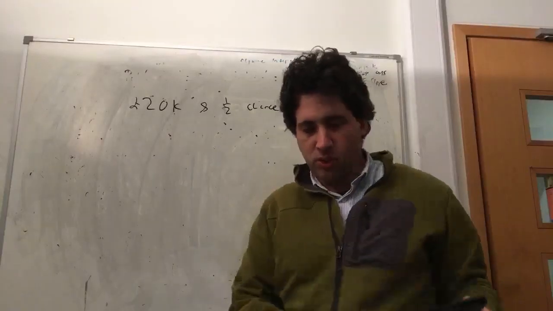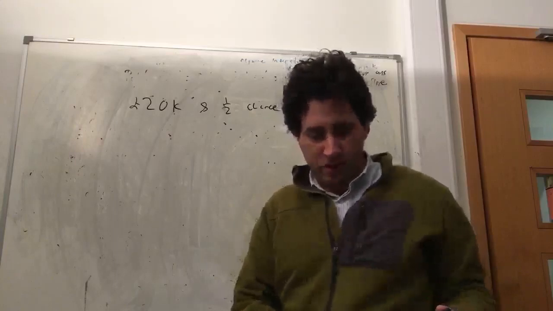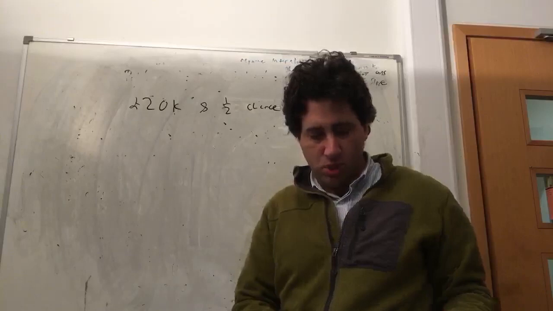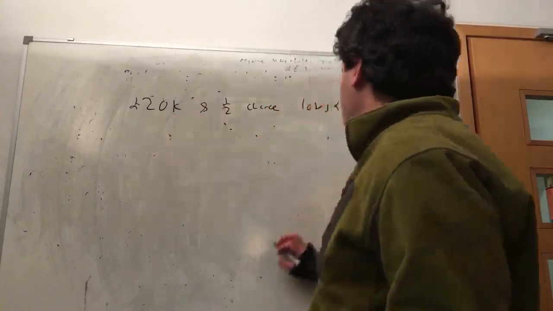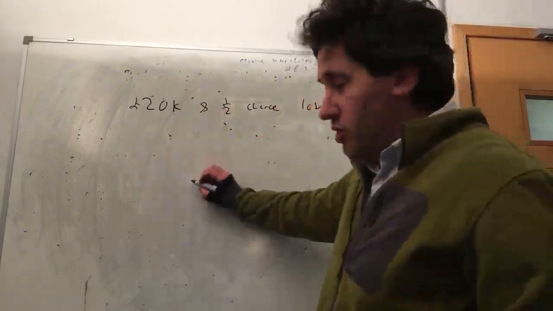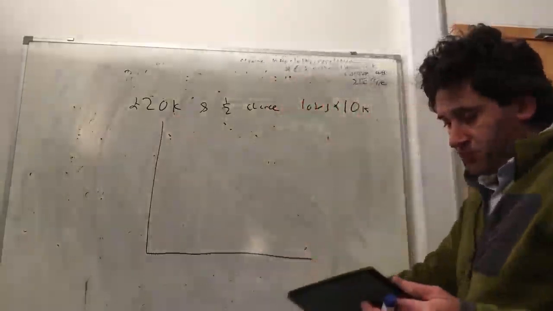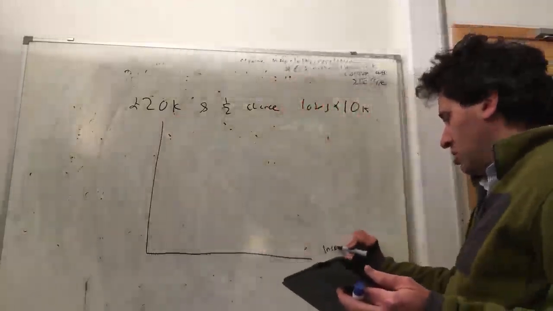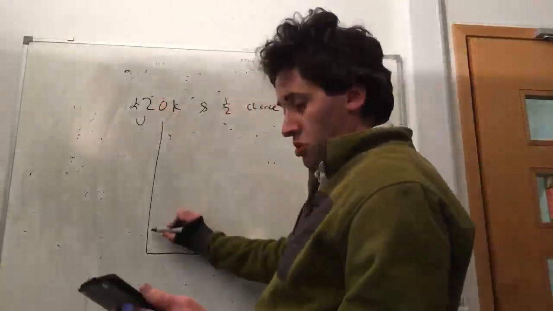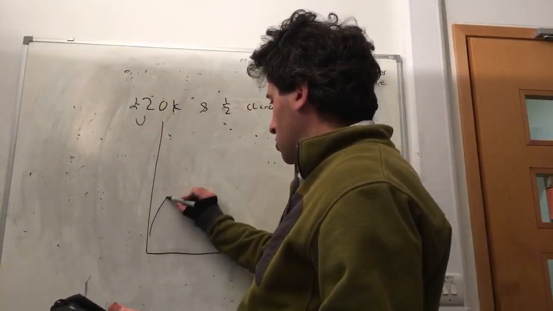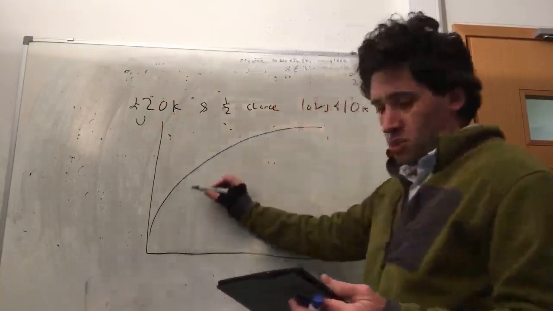Okay, so we calculated the cost of fair insurance would be 5,000, and we showed that the person would indeed purchase fair insurance rather than remain vulnerable to this risk, using the old utility of income diagram. So this is income in thousands of pounds, this is utility, the utility of incomes for certain, increasing at a decreasing rate.